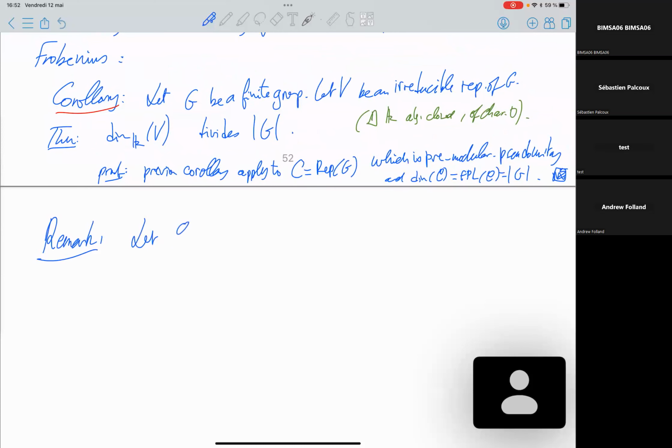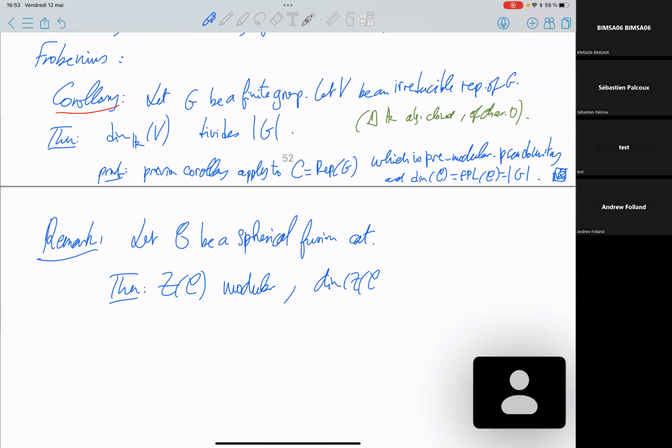Let C be a spherical fusion category. Then this is modular fusion. The dimension, we already said that before.